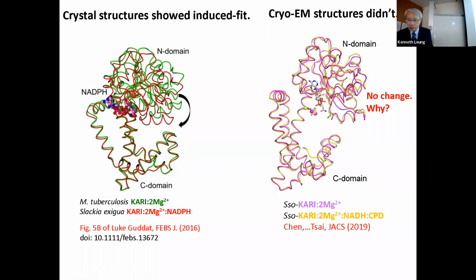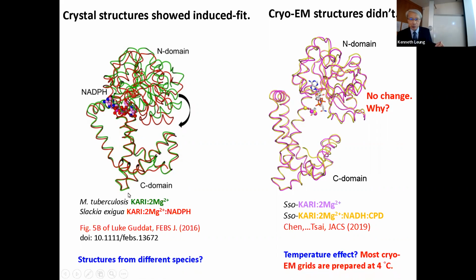So we started to think about the reason, and I thought of two possible reasons. One is maybe they observed this conformational change because the two proteins come from different species. The other reason is temperature effect. Even though cryo-EM is so popular and many people are working on it, one thing that most people have not told you is that when they prepare the cryo-EM sample, they prepare it at 4 degrees.